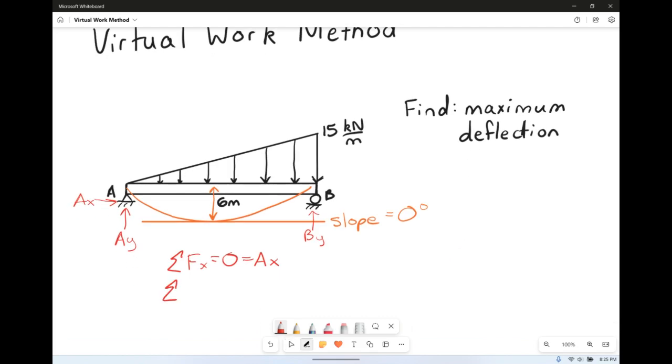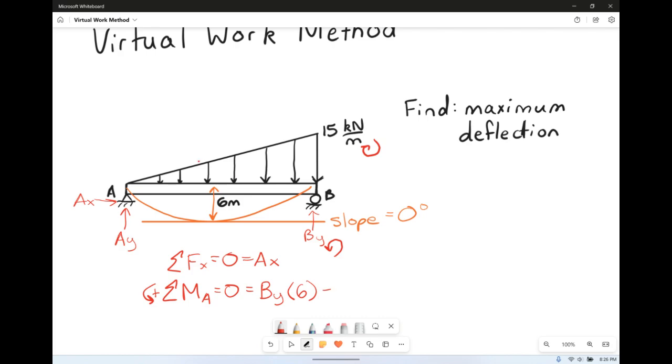If you sum the moments about A and set it equal to 0, we're going to have BY times 6 meters going in our positive direction. And then we're going to have 15 kilonewtons per meter going in the negative direction.